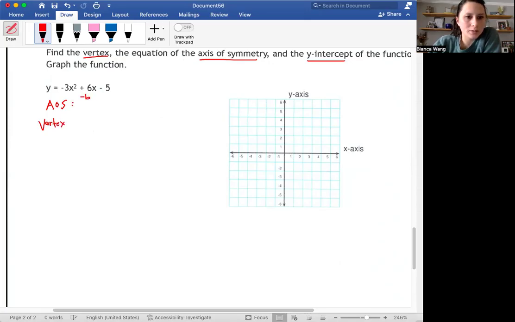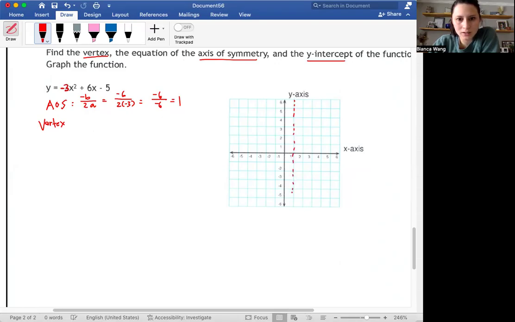And remember, it's -b over 2 times a. So in this case, it is -6 over 2 times -3, because a is -3. Then I'm going to work this out. -6 divided by -6 is +1. So my axis of symmetry, I would draw it right away, is at x = 1.